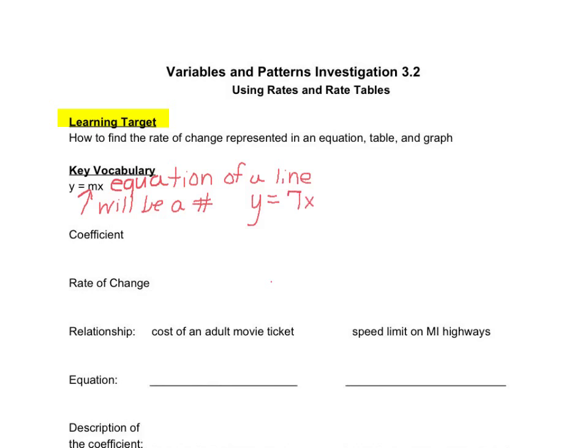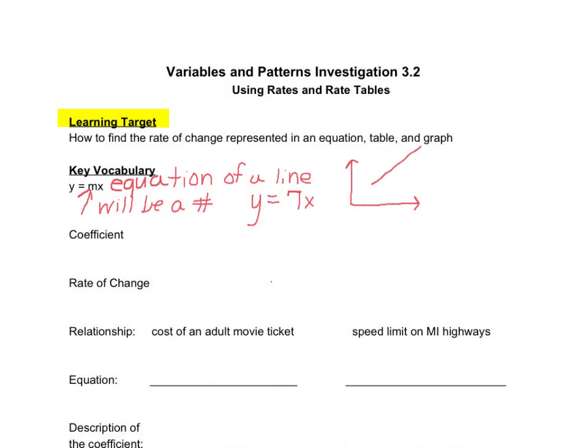So there you can see that the m was replaced with the number 7. The x and the y represent the x and the y on your coordinate grid. So if I were to create data with that x and the y, I would make a line because it's following that equation.